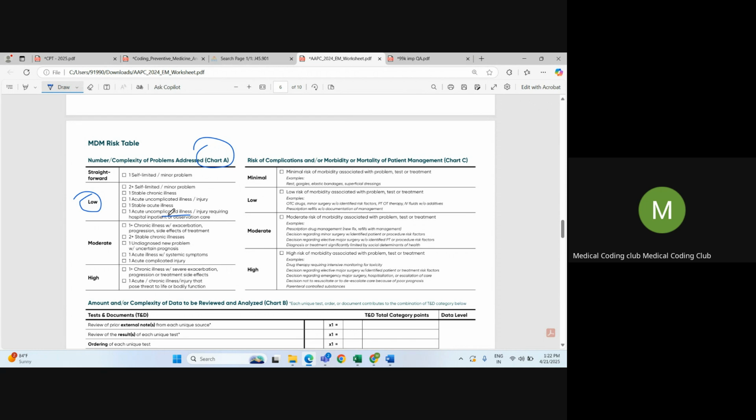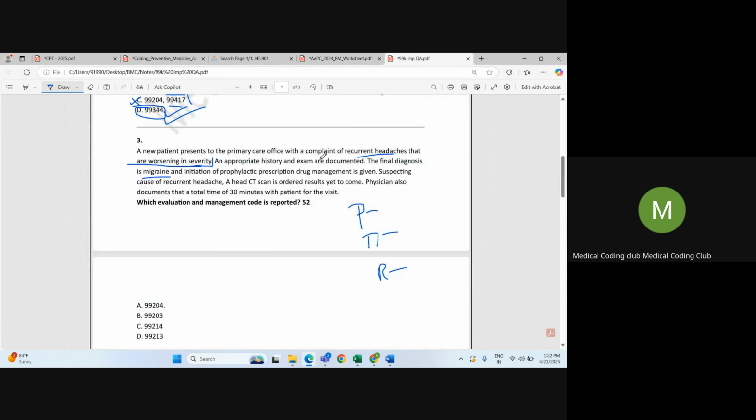How would they document? They would document migraine, start the prophylactic medicine, and not mention anything that needs to be diagnosed. But in our question, after initiating the prophylactic prescription drug management, they have added a line: suspecting the cause of recurrent headache.